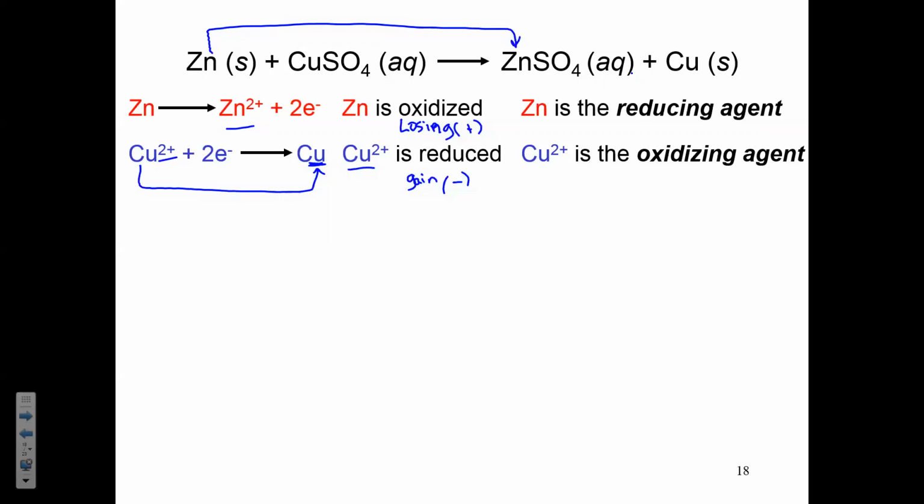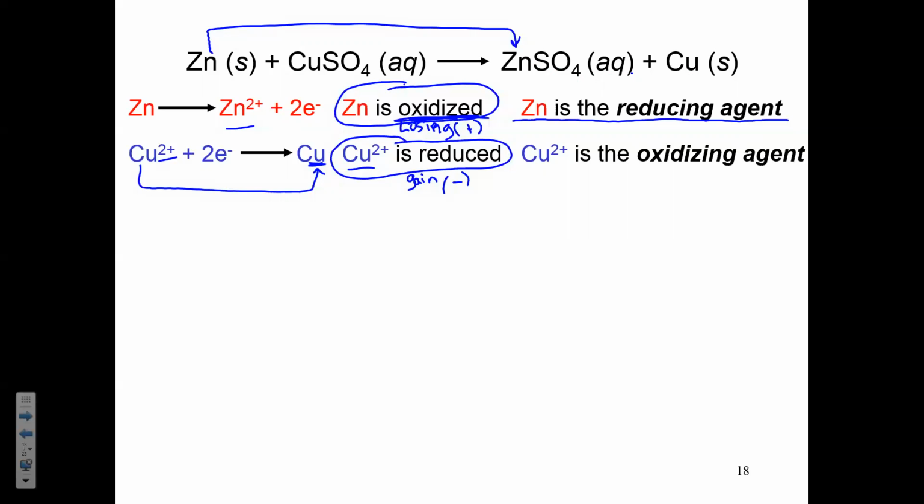Okay, now here's the confusing part. Don't get these terms mixed up, and I hate chemistry for doing this, but it does. Okay, Zn is being oxidized. Okay, Cu2 is being reduced. But because it is being oxidized, then it is also the thing that is causing the other compound to reduce.